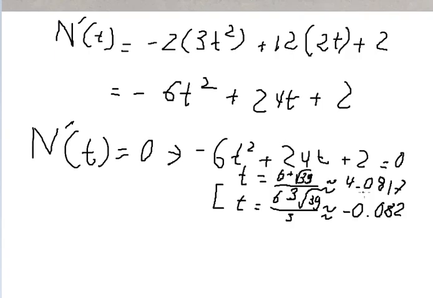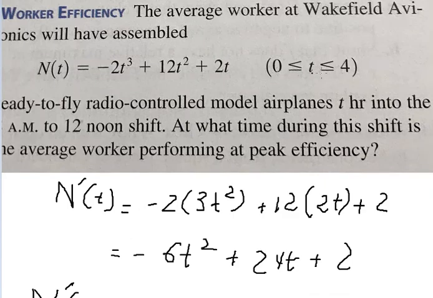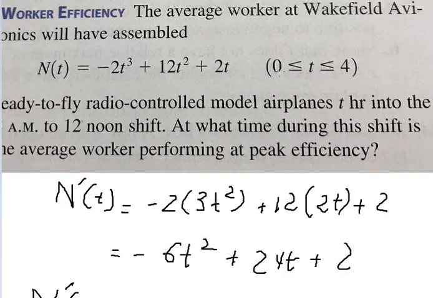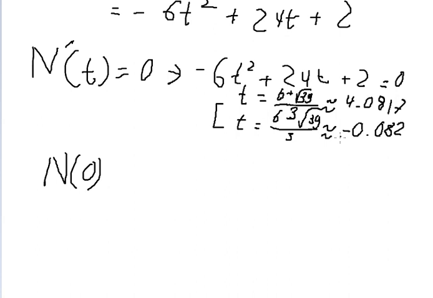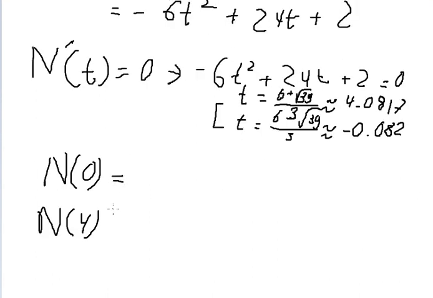So we know that these two values are outside the interval from 0 to 4. So we will concentrate on the bounds here. That's 0, because 0 is very close to this number here, and 4, which is very close to this number here.